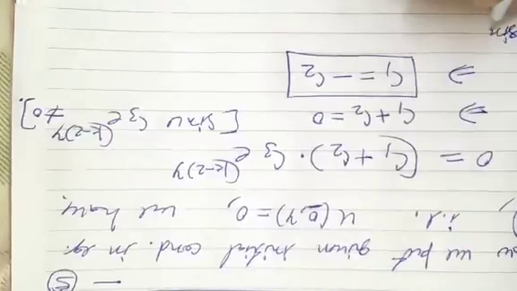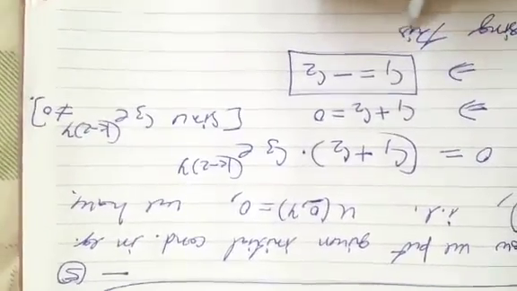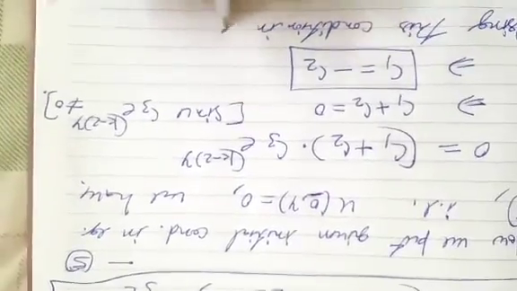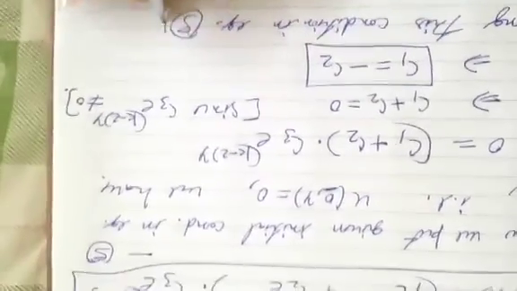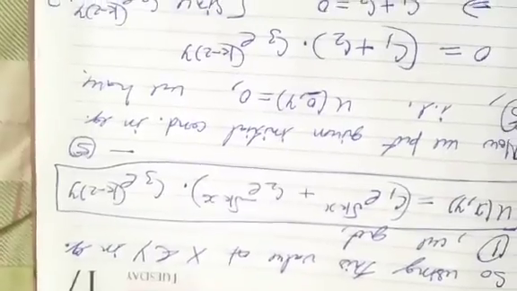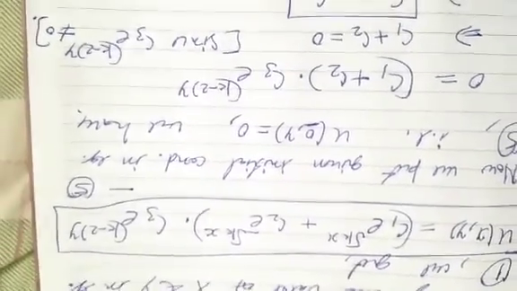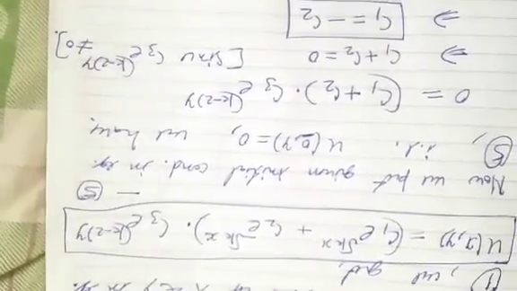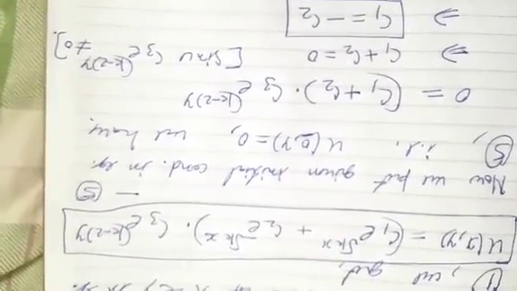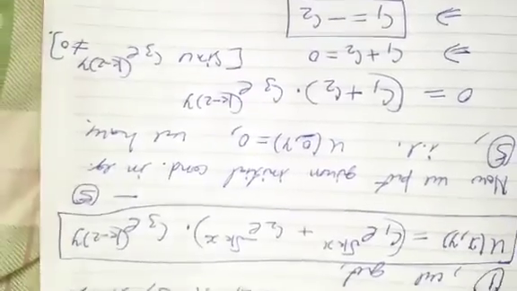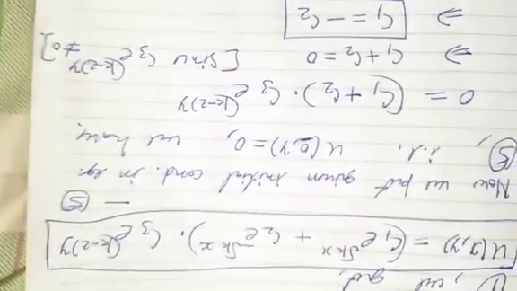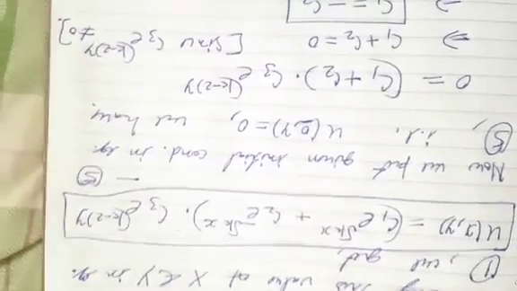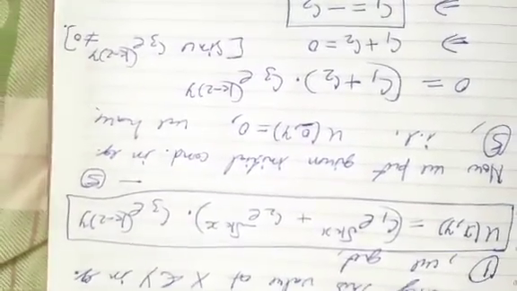Using this condition in equation 5, we have u of x comma y is equal to c1 common, e to power under root kx minus e to power minus under root kx into c3 e to power k minus 2 of y.